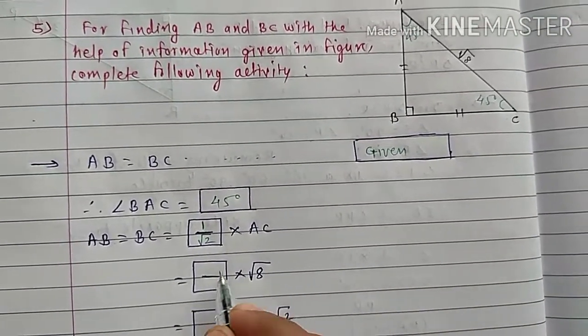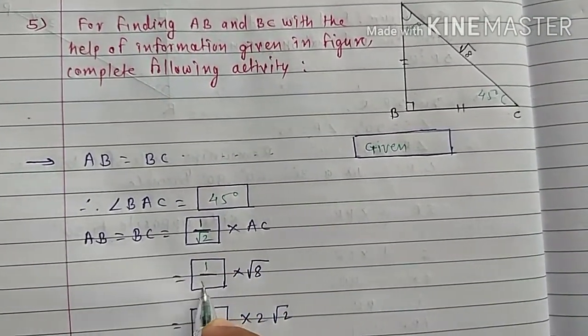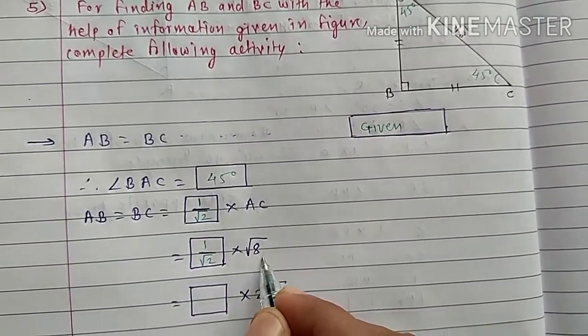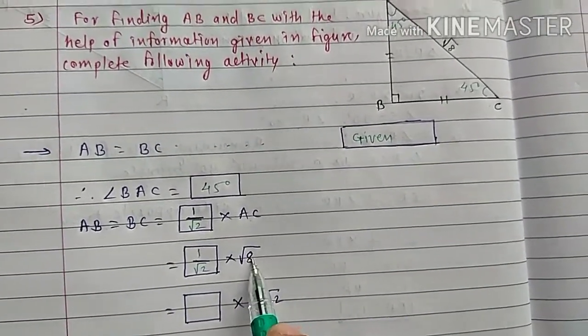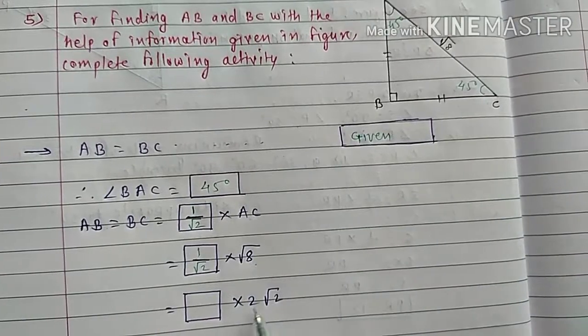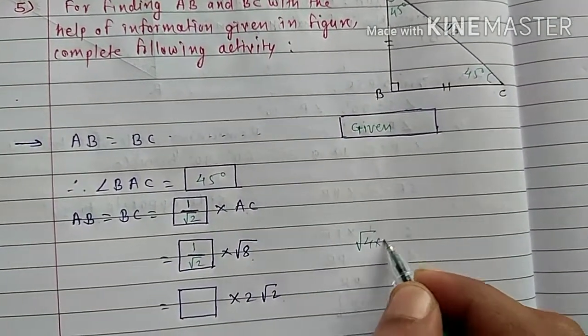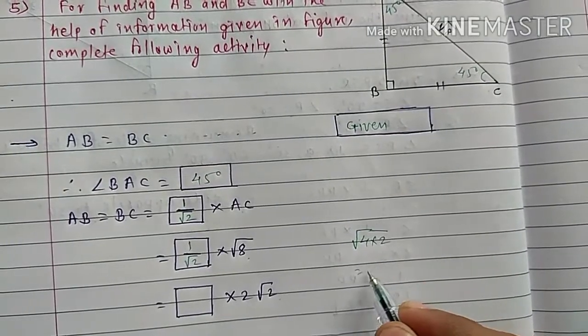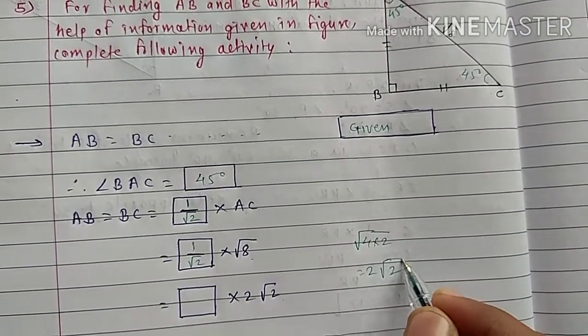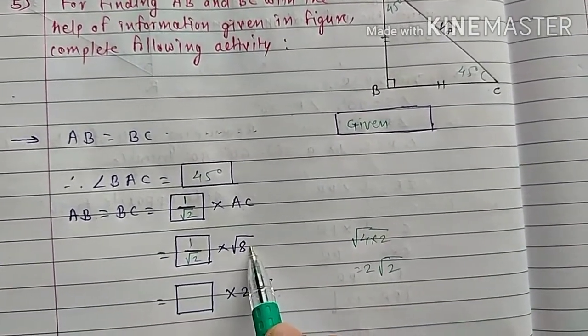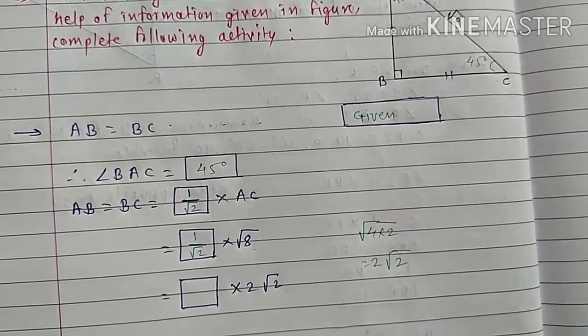So same 1 upon root 2 will come here. AC is root 8. Root 8 means root of 4 into 2, and square root of 4 is 2. So square root of 8 means 2 root 2.